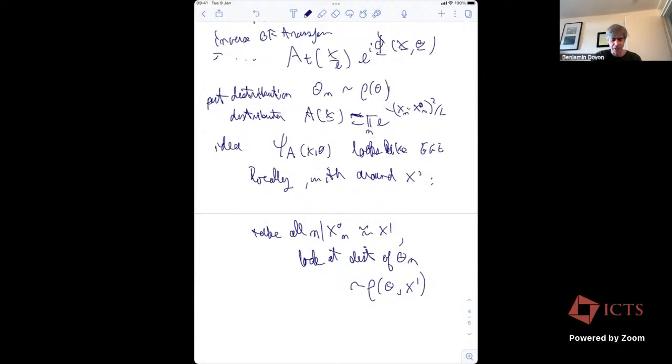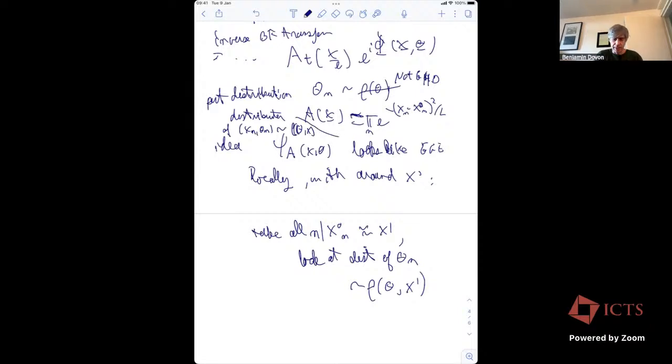This rho of theta is not the GHD rho of theta. In fact, I want to have something that is inhomogeneous to have non-trivial evolution. So I have a distribution of pairs x0 n, theta n, distributed according to rho of theta comma x.